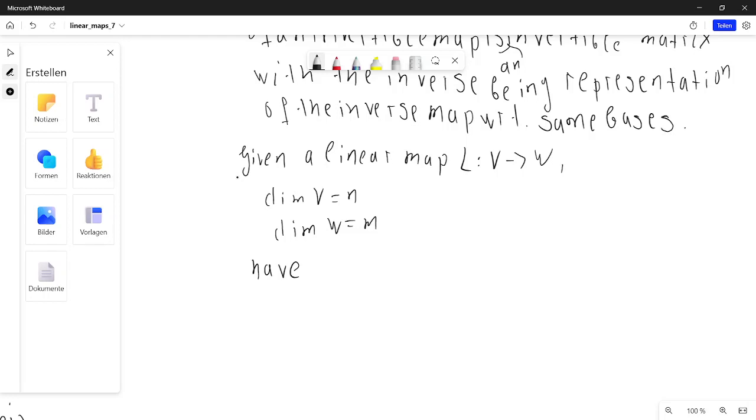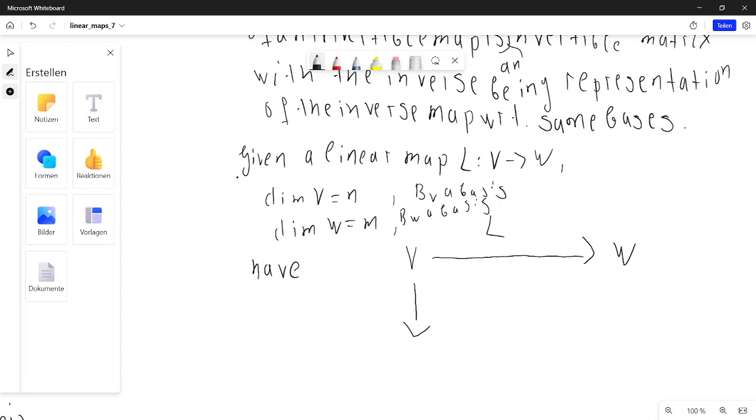Now what do we have? Oh, we could start in V, right? We could take our map with basis BV and basis BW, and we can go to W, right? That is, we just take an element and go to W. But we could also do the following.